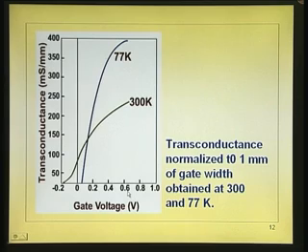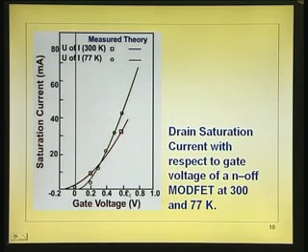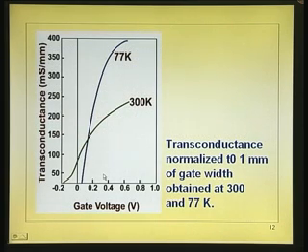From the transfer characteristics, from this we extract the transconductance Gm, delta ID by delta Vgs, that is this. You can see that the threshold voltage has shifted to the positive side, just like in the transfer characteristics, it is actually deduced from there.